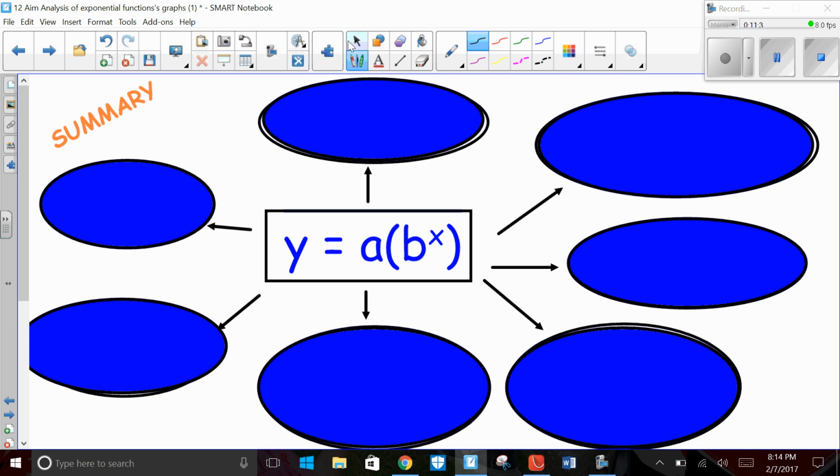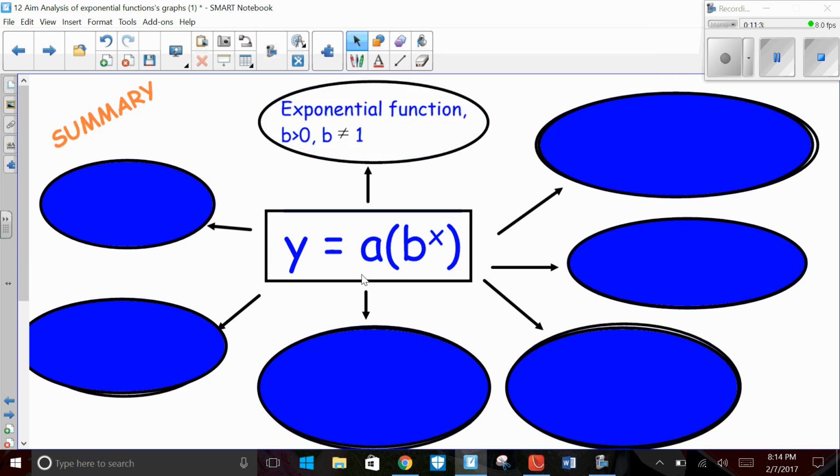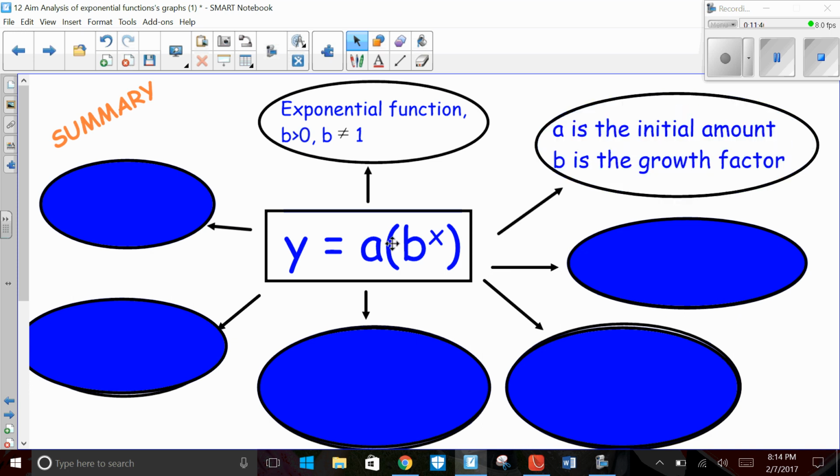I think that's all I'd like to talk about. So just in summary, this is called an exponential function if b is greater than 0 and not equal to 1, because otherwise it would be trivial. It wouldn't be exponential. This is getting you ready for later on, but we can have it here. a is called the initial amount and b is called the growth factor.